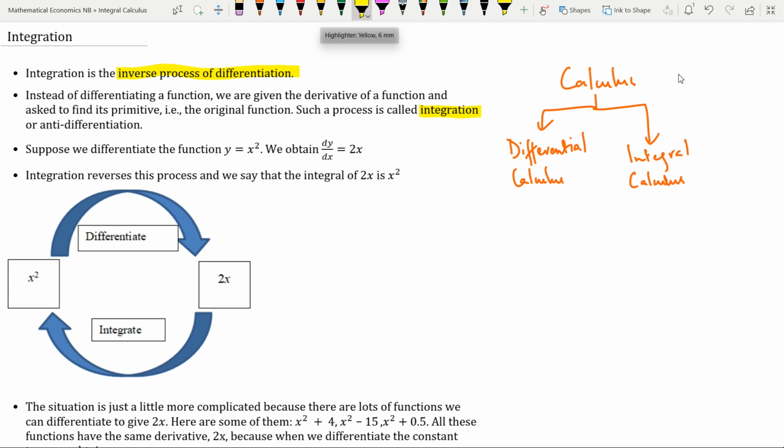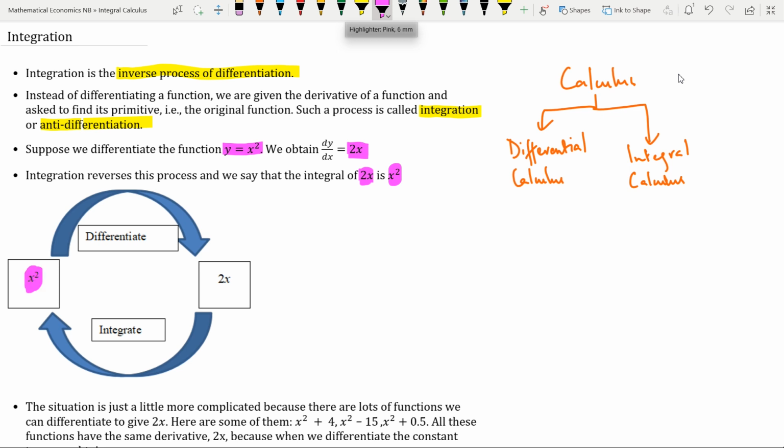or anti-differentiation. Now, if we are given a function y equals x square, on finding the derivative, that is dy by dx, we will get the derived function 2x. So that is differentiation. In integration, we will be given the derived function, that is 2x, and we need to find the integration of it in order to get the original function x square.